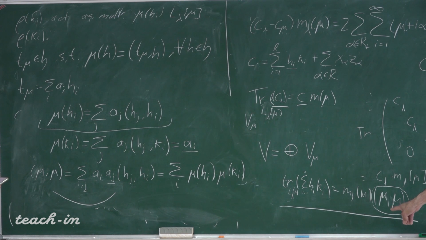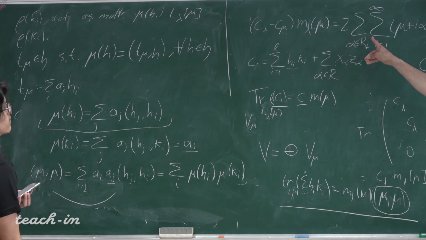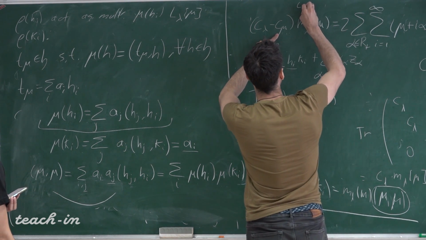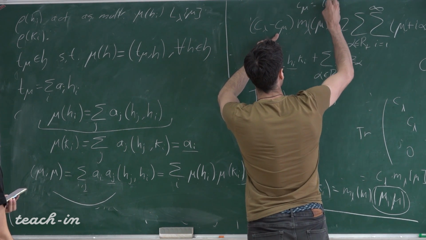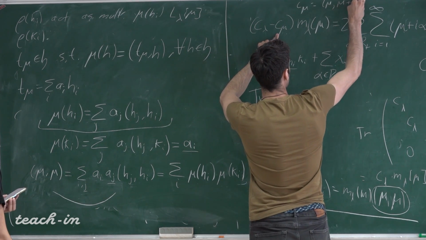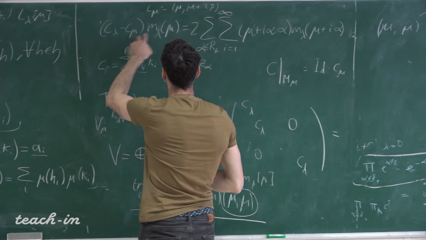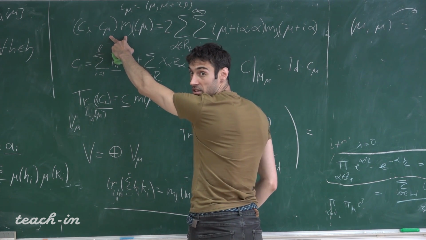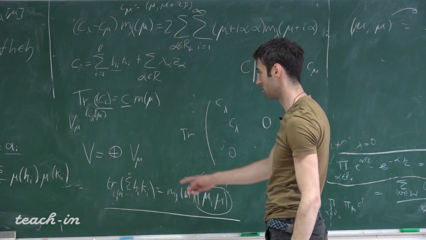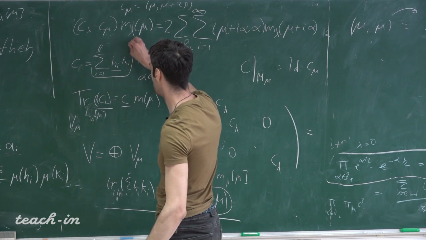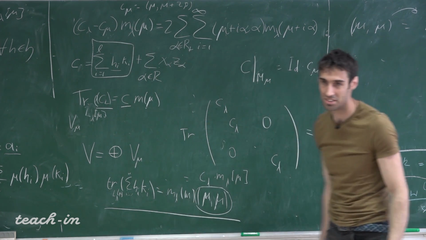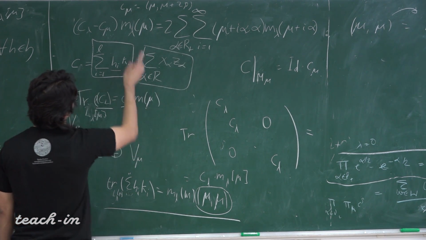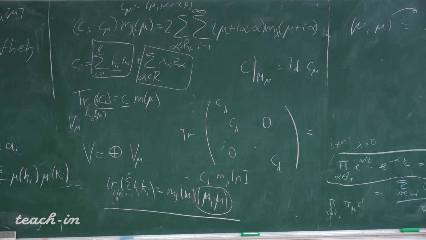And this mu mu is also a part of this formula, because C mu is mu times mu plus 2 rho, if you remember. Yes. So this mu mu times m lambda mu that comes out of there is this part of this formula. So it comes from this term in C. We just have to calculate also the trace in this case. Yes, and this is the most non-trivial one.